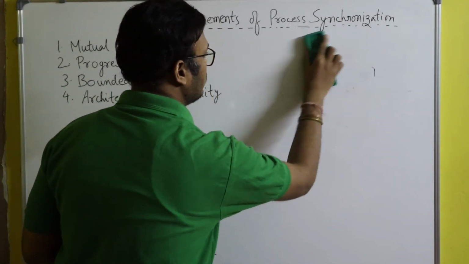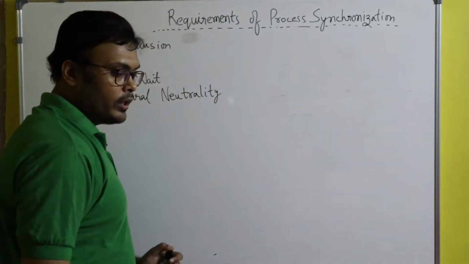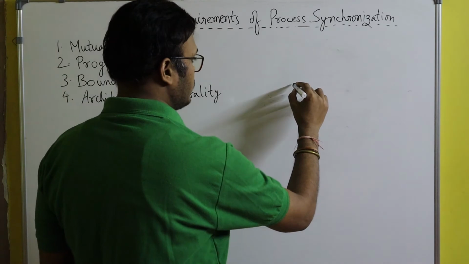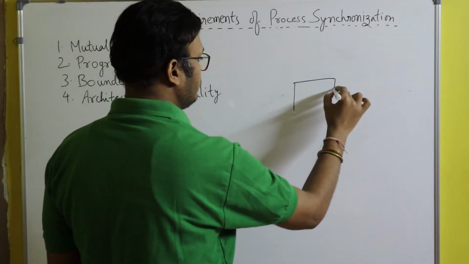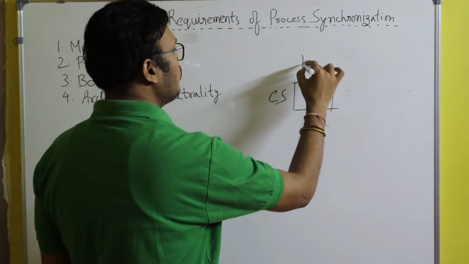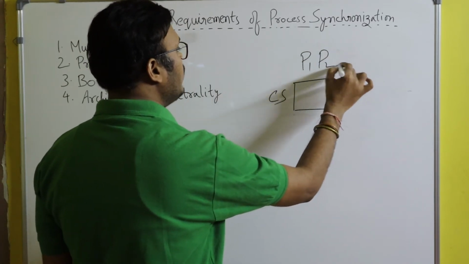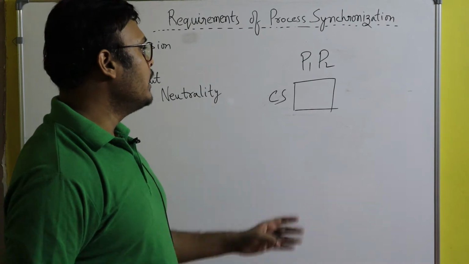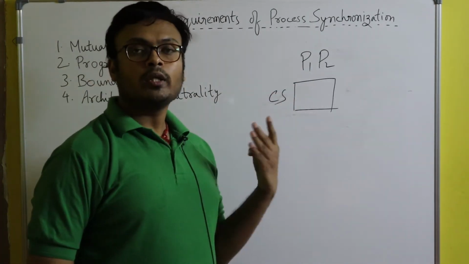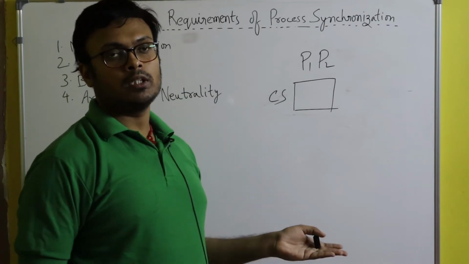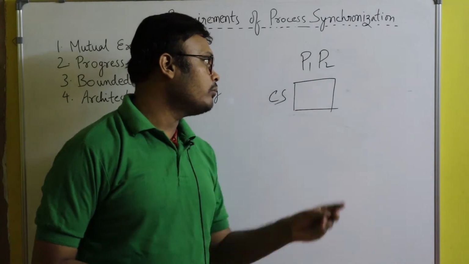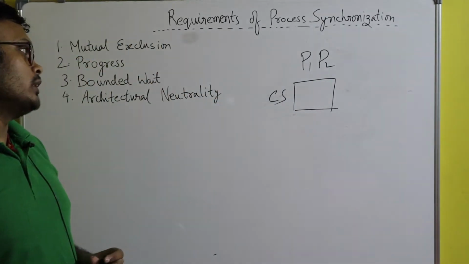What is progress? Suppose it's a critical section, and suppose two processes are there. I am telling you again and again that it's not necessary that only two processes should be there. Multiple processes may be there, but just for the sake of simplicity, I am giving the example with two processes.